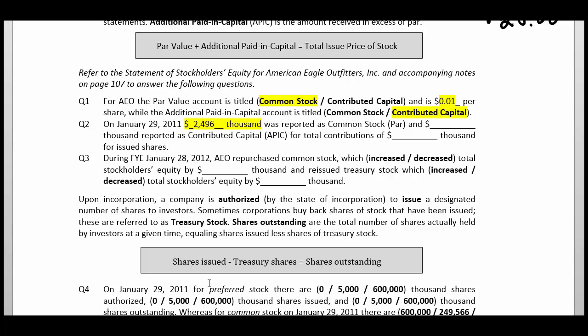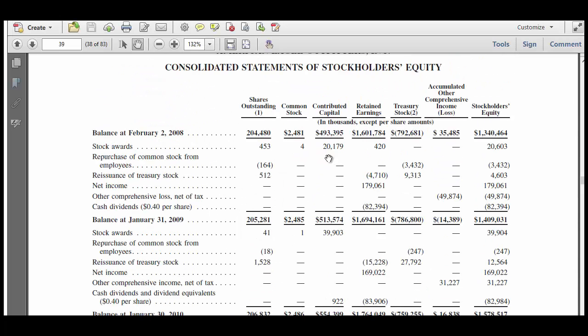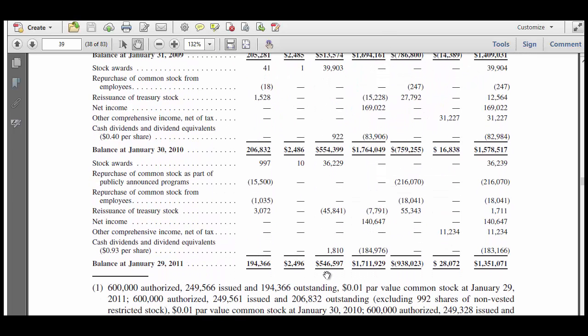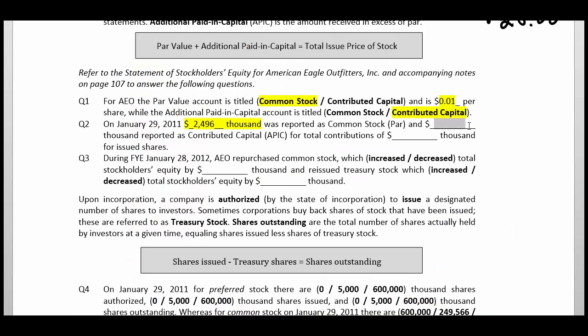And how much was reported as contributed capital? Again, we go here. You see there's a column for contributed capital. That's additional paid-in capital. It's 546,597. So that goes in right here. For total contributions, that would be the total of these two.